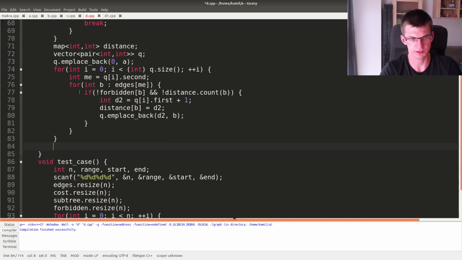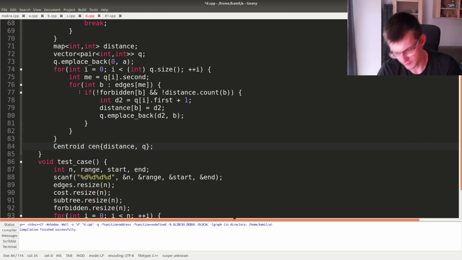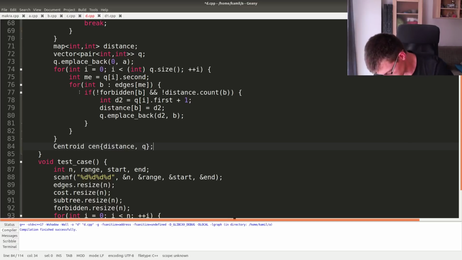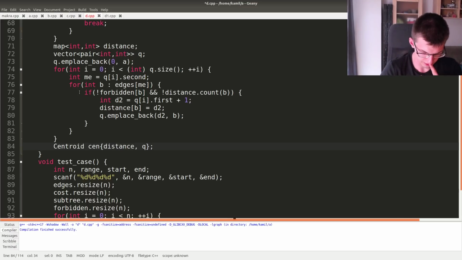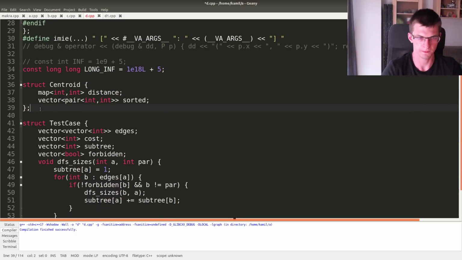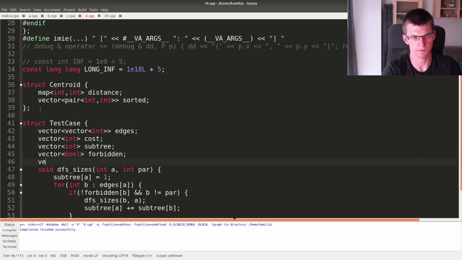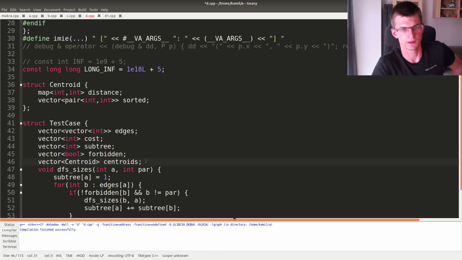So there is now a centroid. This map of distances and with this Q. But also for every vertex I need to know to which centroid it belongs. Centroids.